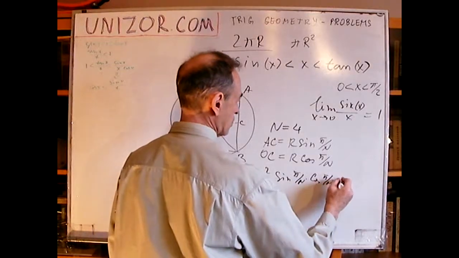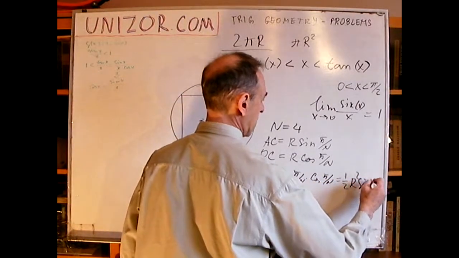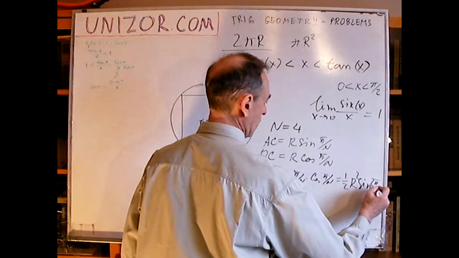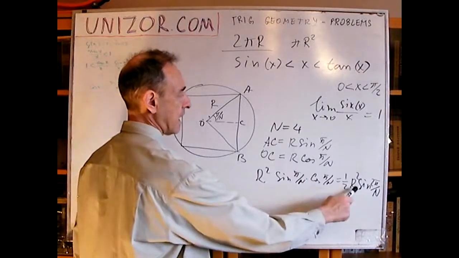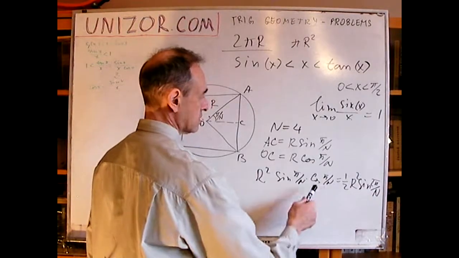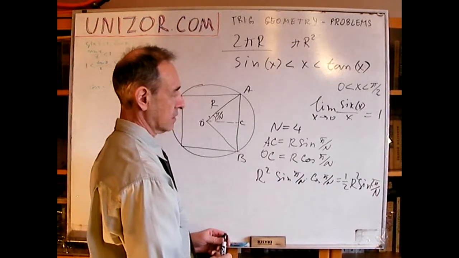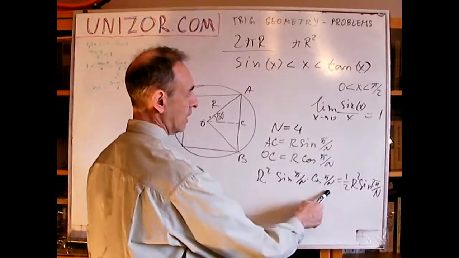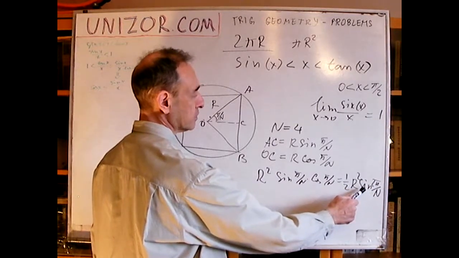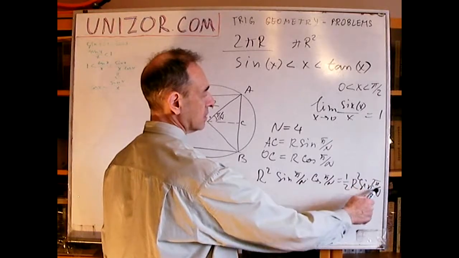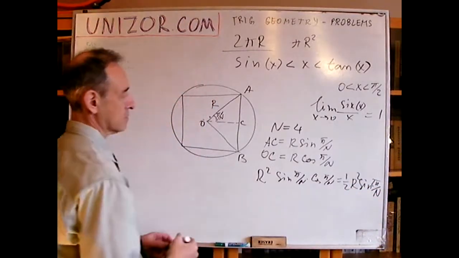Or if you wish, it's 1/2 r squared sine 2 pi over n, right? Remember, sine of double angle is 2 sine of single angle times cosine of single angle. So the angle is pi over n. So 2 pi over n, if I would take the sine, it will be 2 sine pi over n and cosine pi over n. And I have 1/2, and that's why it goes this way.